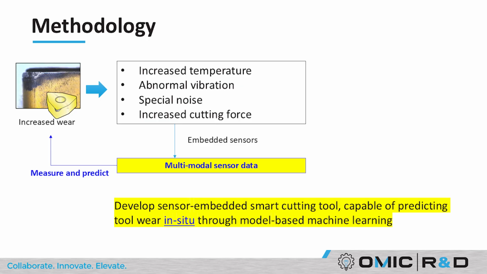So increased temperature is one of the phenomena we are looking at. And also, the instability of the cutting process induced by the tool wear will produce additional vibration and additional noise during the cutting. And also, the tool wear would increase the cutting force.